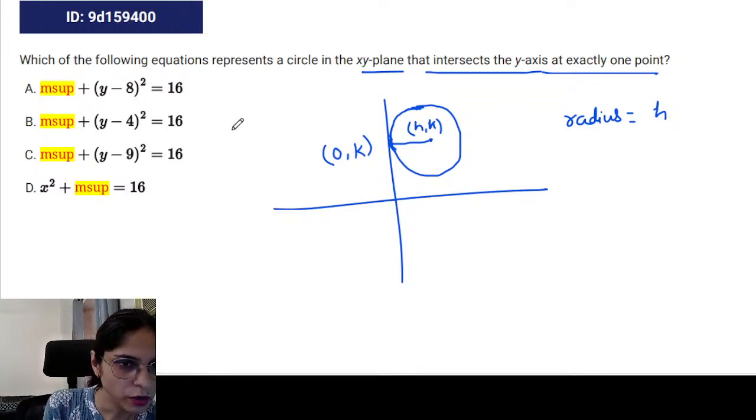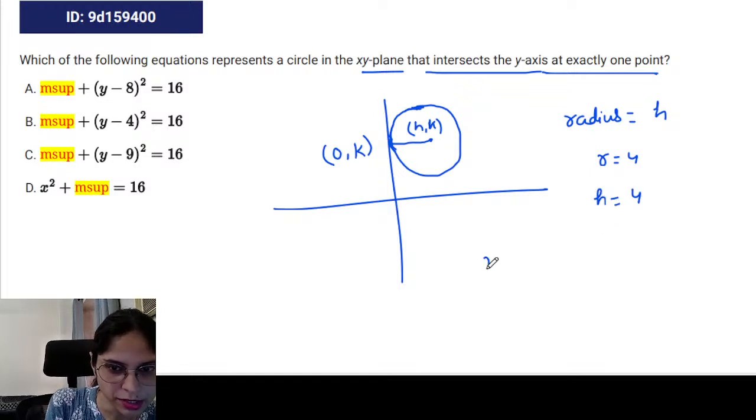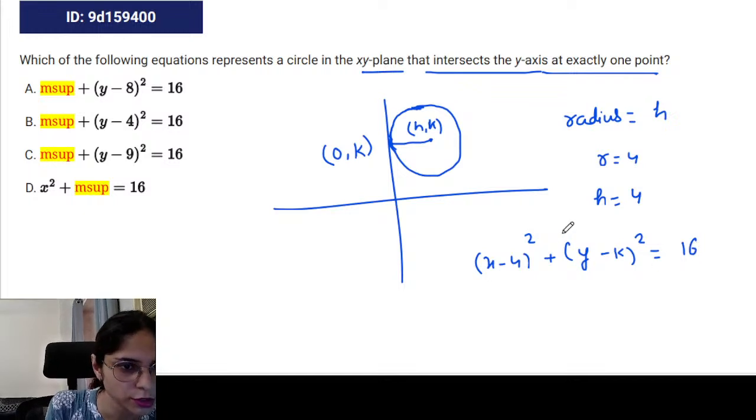So over here the radius is given as 4 because r squared is 16. So your h has to be 4. That means it has to be (x minus 4) whole squared, and it could be anything over here, and that is only when it will be equal to 16. So you have to look for the option where you have (x minus 4) whole squared.